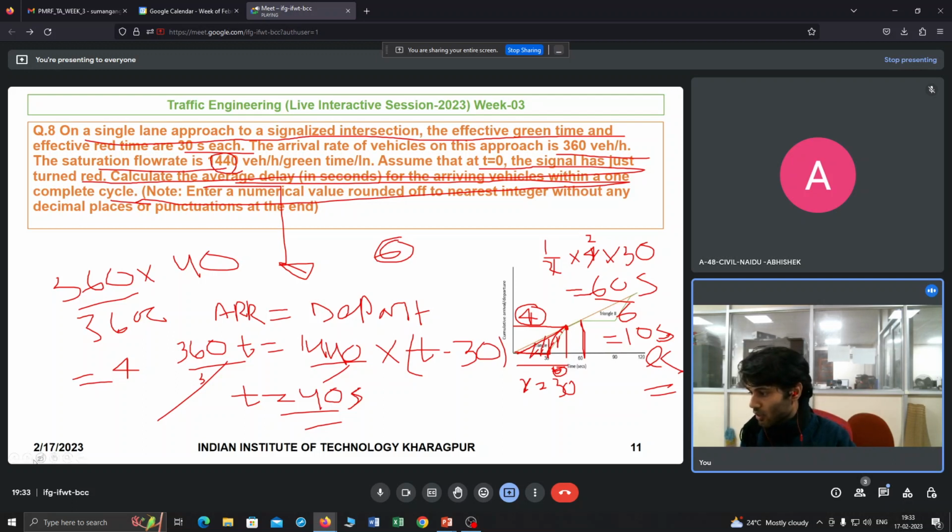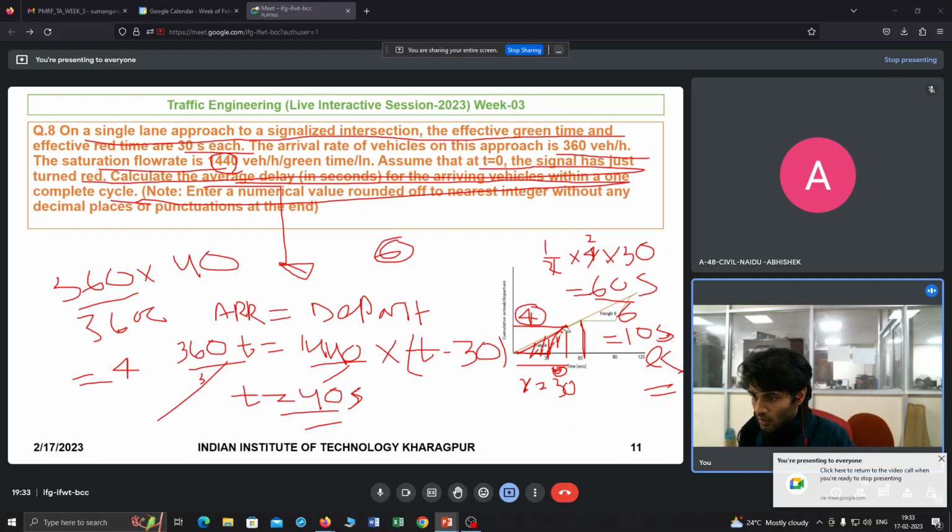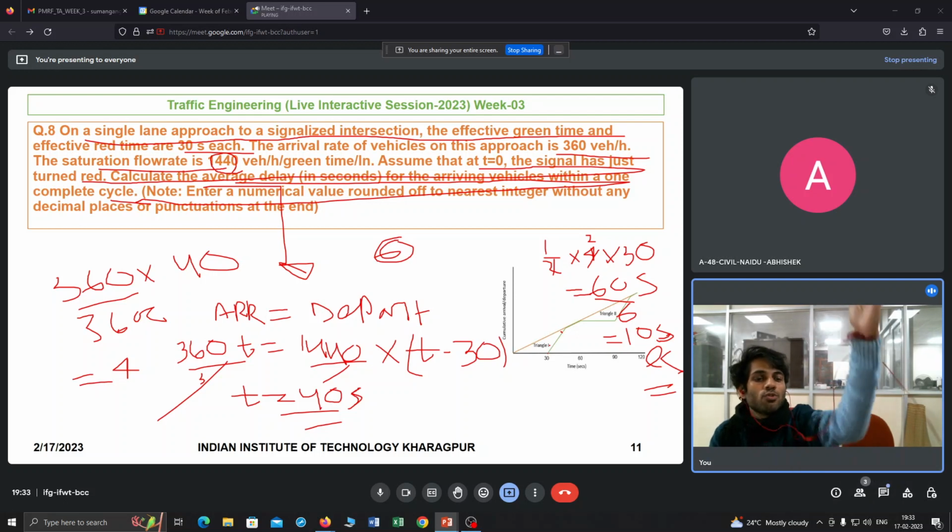Let me erase this part. So see, the first vehicle will come and face, suppose, 30 seconds, the next vehicle maybe 29, and so on and so forth, right, up to this point, right?